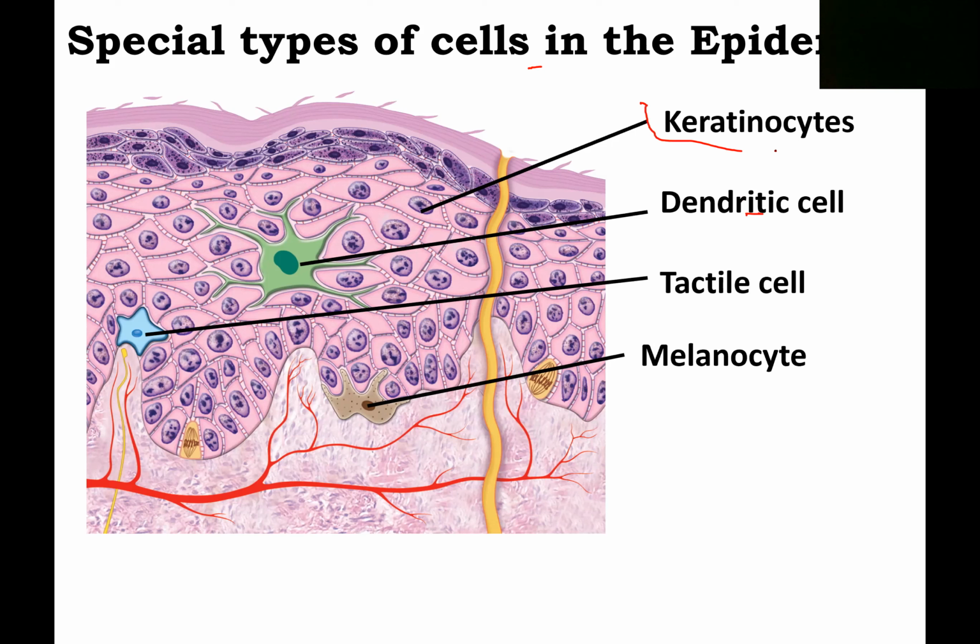They're specialized to produce keratin, the waterproofing protein, highly concentrated in nail beds and in hair follicles.